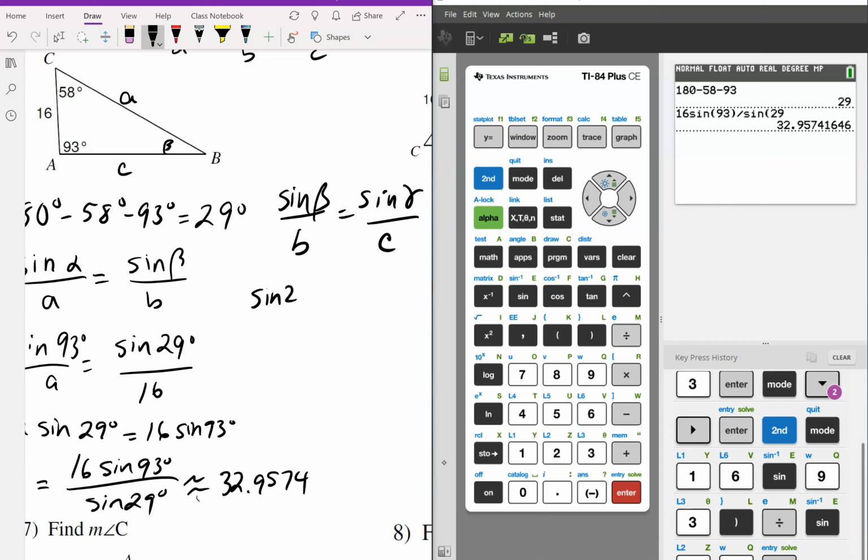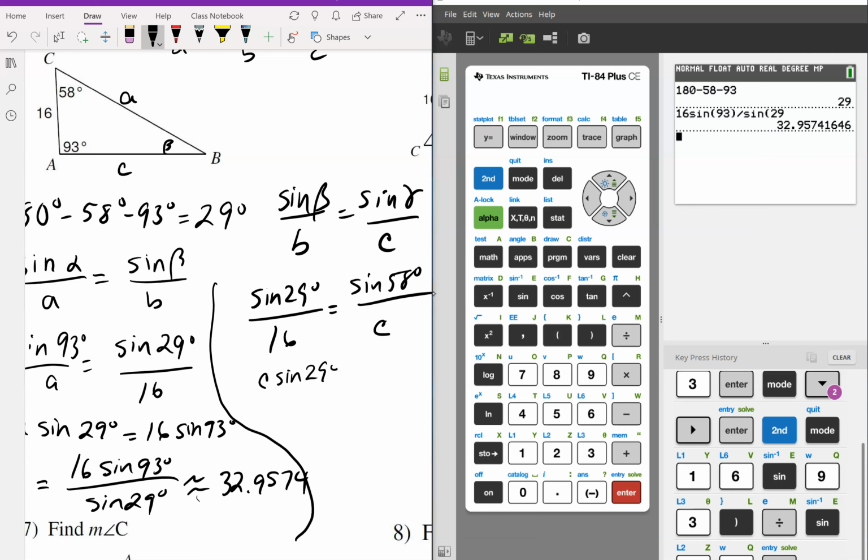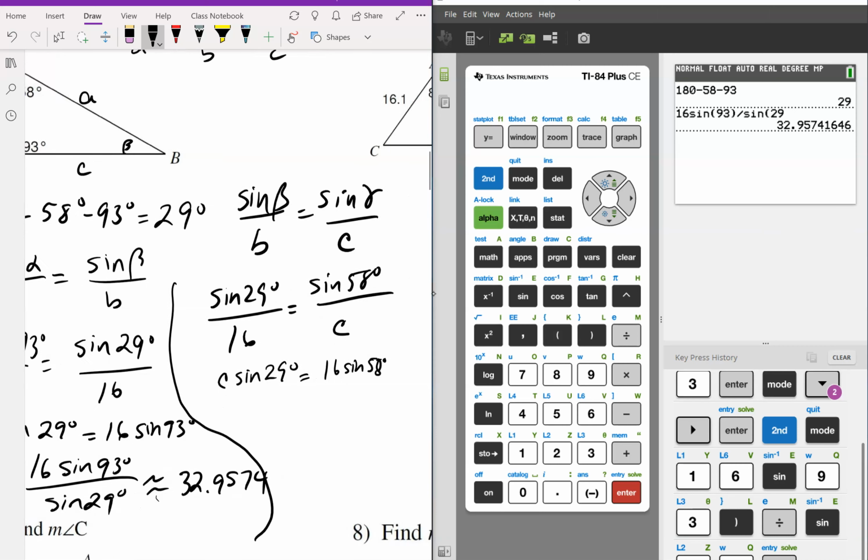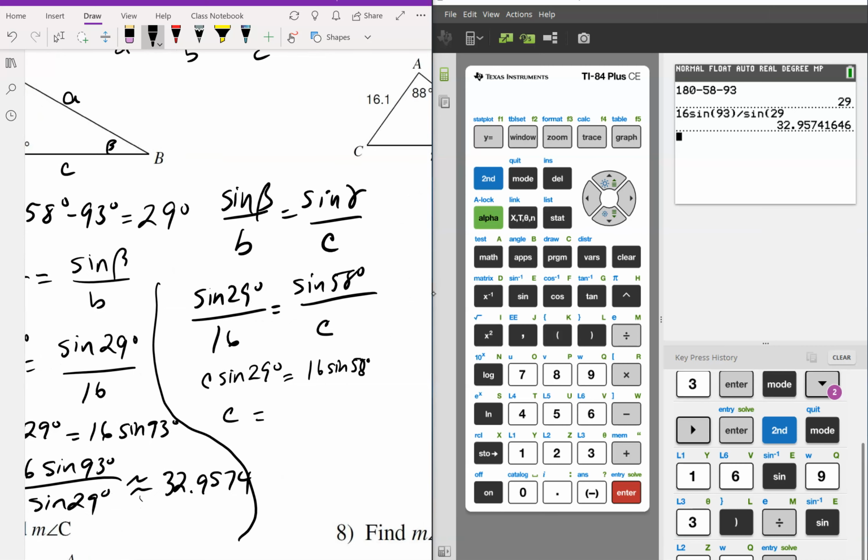Beta is 29 degrees again. B is 16. Gamma, that's the angle at C, is 58 degrees. Don't know C. And now we do what we were just doing in the previous problem. We cross multiply, and then divide to solve for C. And now it's time for your calculator.